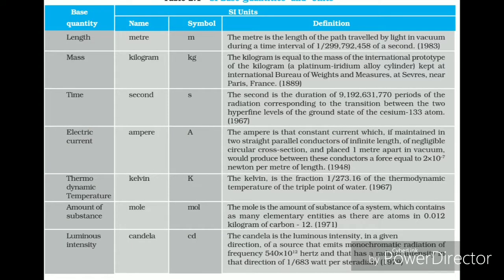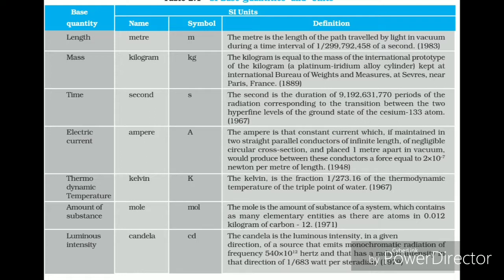SI means Système International d'Unités, French for International System of Units, abbreviated as SI system, a standard scheme of symbols, units, and their abbreviations. That's a most important point.